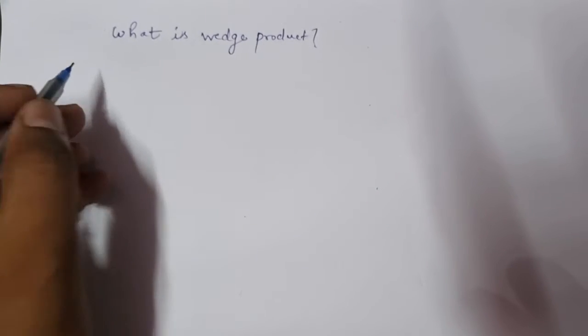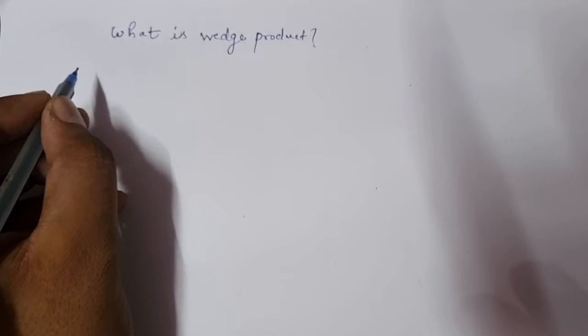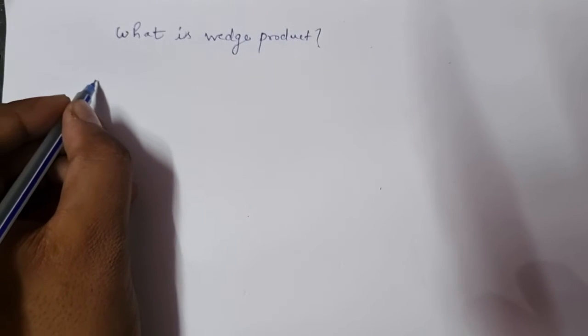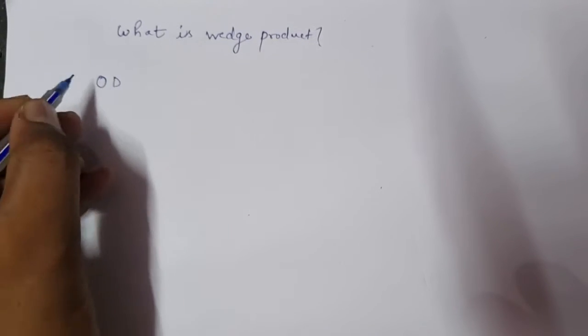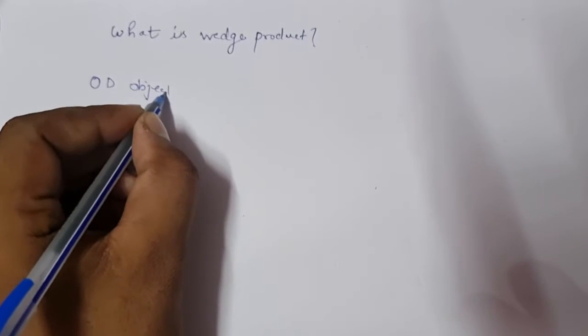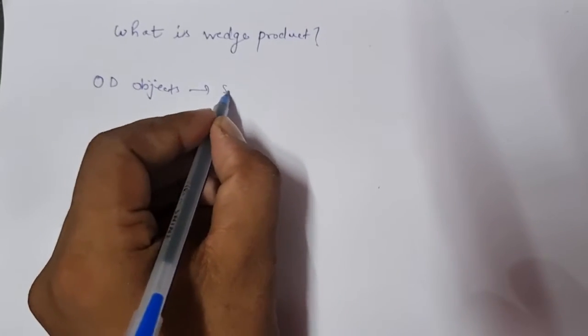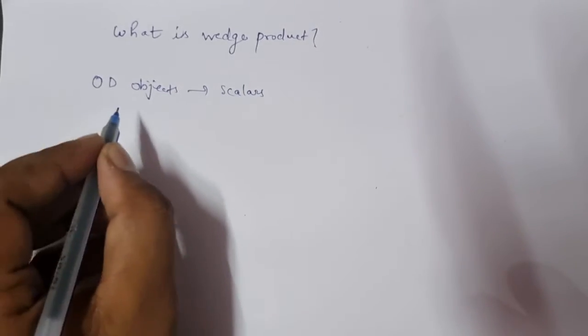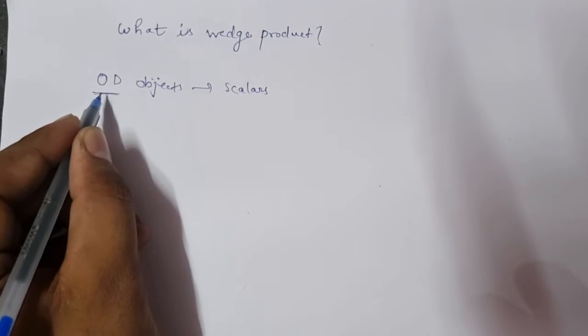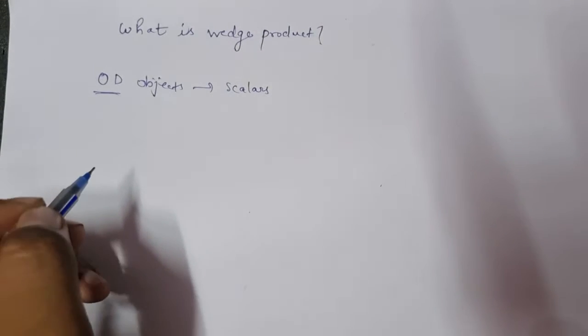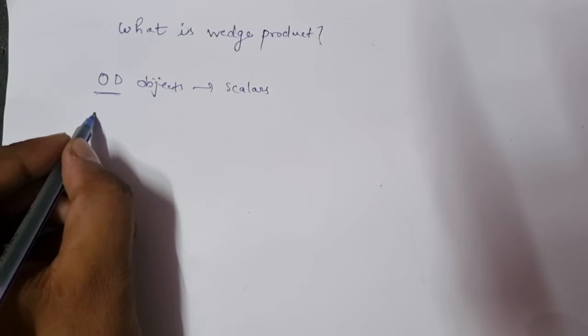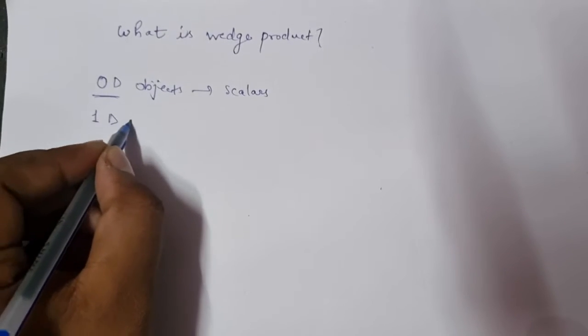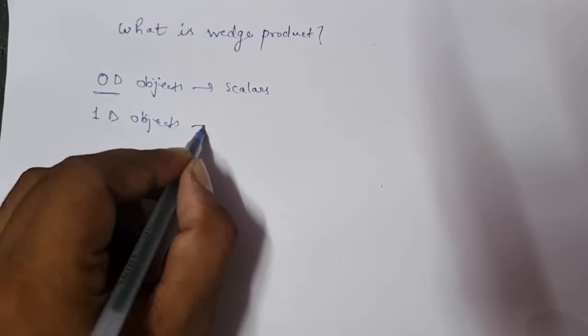On the basis of rank, suppose we divide physical quantities into a few parts, like 0D objects. They are scalars. You have definitely heard many times that a scalar is a zero rank tensor. And you have also heard about 1D objects that are called vectors.